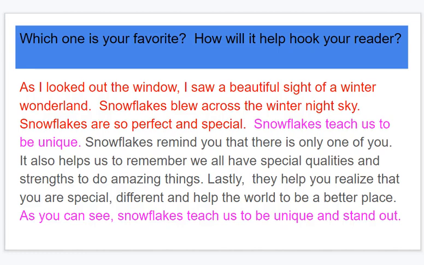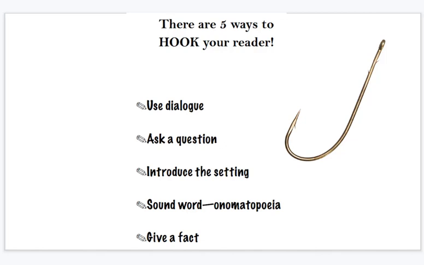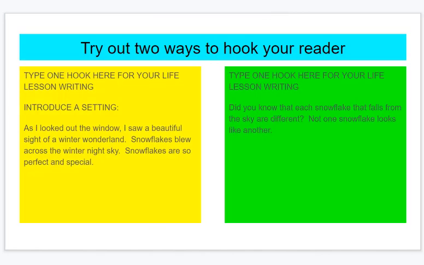So, you guys are going to go back and look at those Google Slides that you did. Take your 3 major parts that your object, your living or your non-living thing teaches, and you're going to start planning out your introductions. Remember to look to how you're going to hook your reader. I want you to try out 2 different ways to hook your reader to practice it, and then you're going to finally decide which one you like the best.